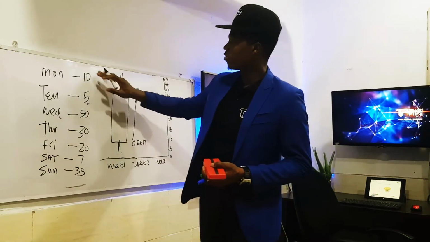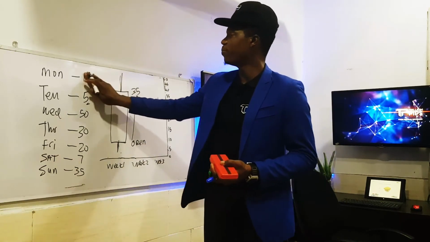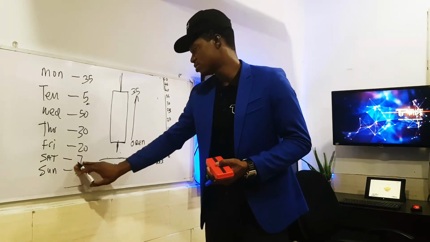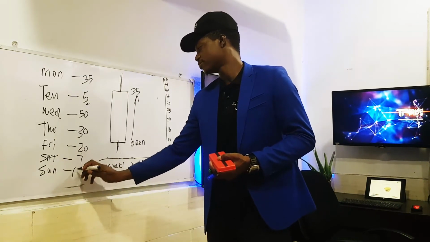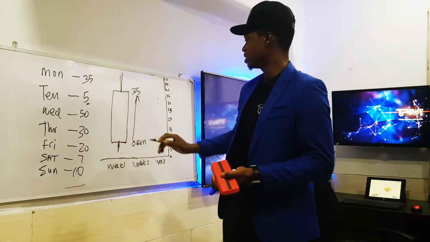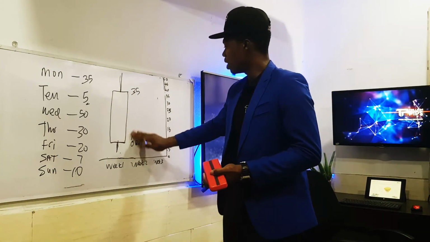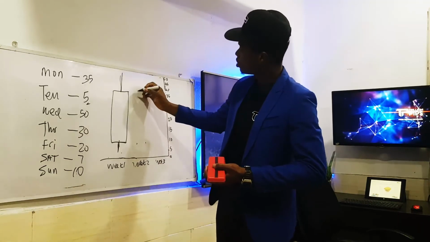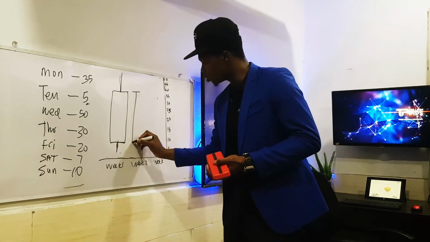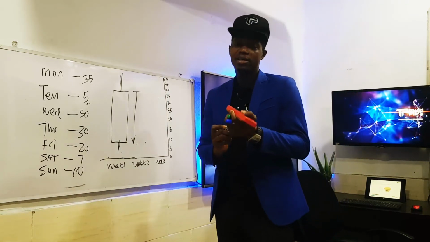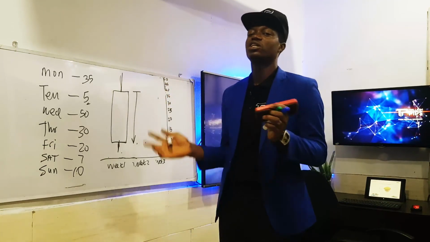If, for example, we had the opening price to be 35 and the closing price to be 10, what we'll have is a similar candlestick, but this time around, we'll have it going down. That is, the market opened at this price and it will go down to this price. So we have two types of candlestick, the bullish and the bearish candlestick.